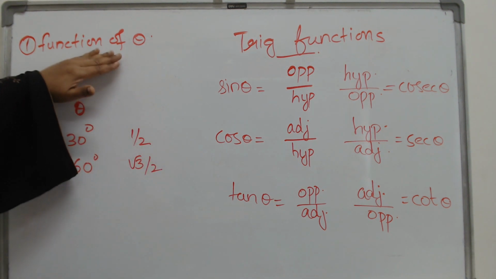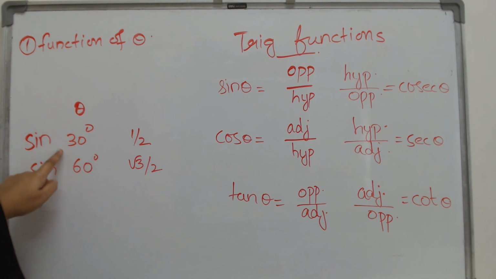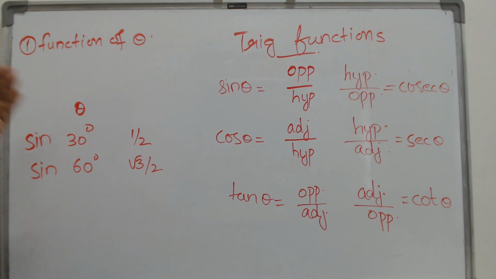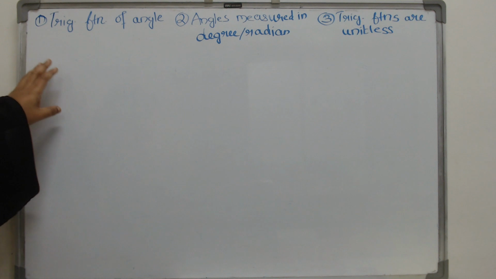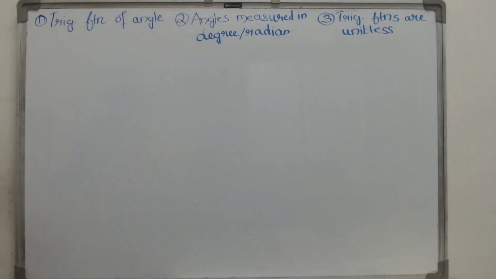These are all functions of angles, which means your angle is independent. It can take whatever value it wants. It can take 30 or 60 degrees or 40 degrees or whatever. Your sine value will keep on changing according to it. Now that was the first property. Sine, cosine, tangent, all of them are what?